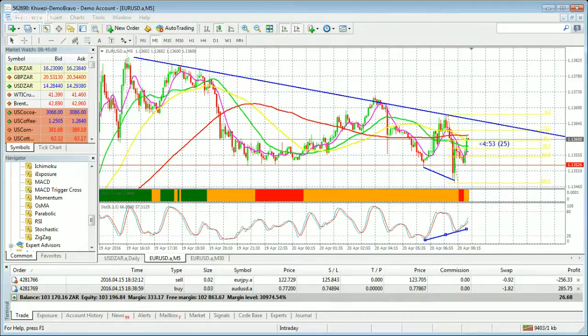Okay, new candles forming. Let's see what it's doing.